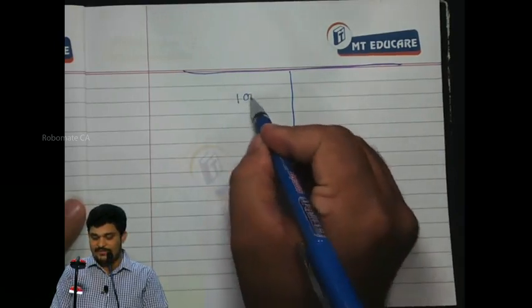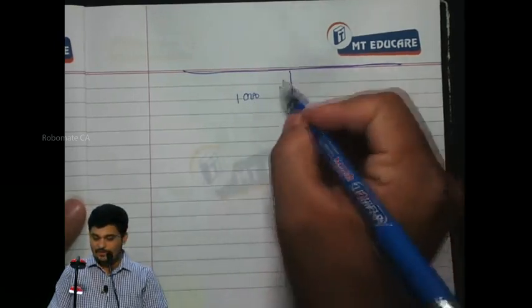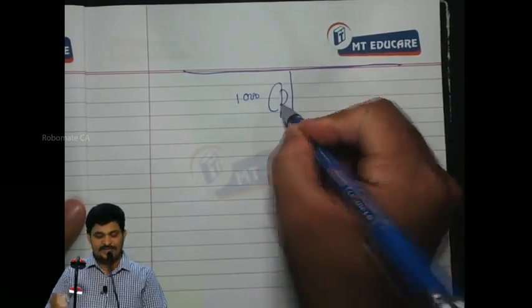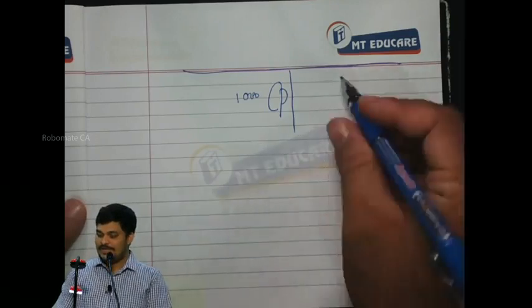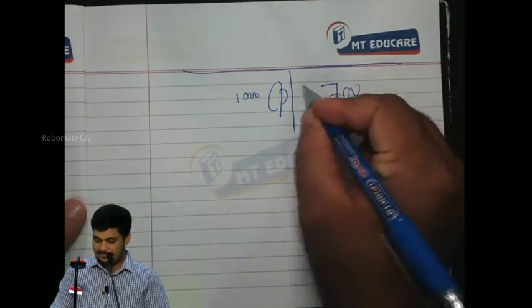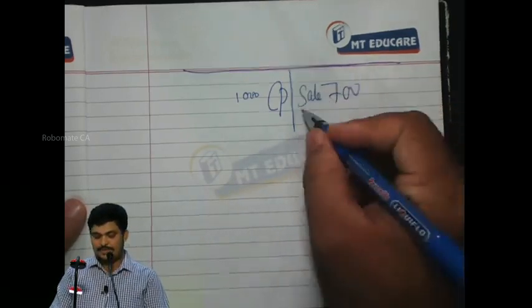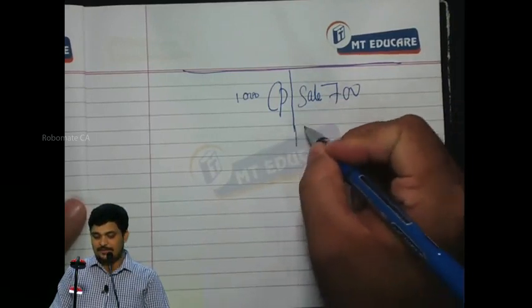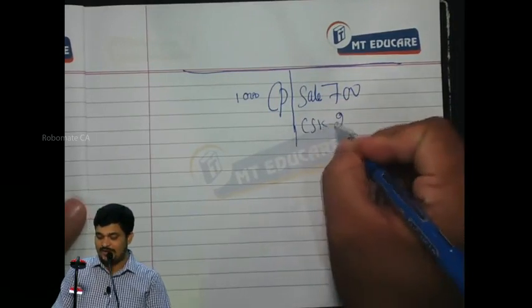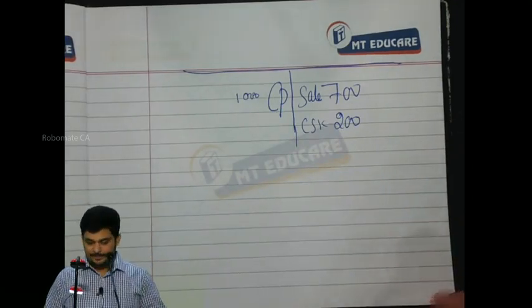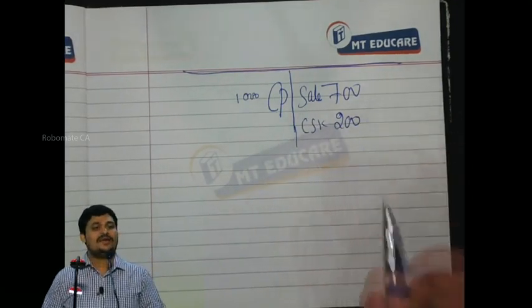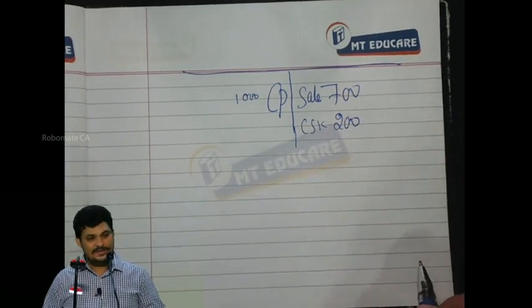You buy 1000 units whose cost price will be debited in the financial statement. You sell 700 and there will be some closing stock, imagine 200. So 100 units are lost. Correct?